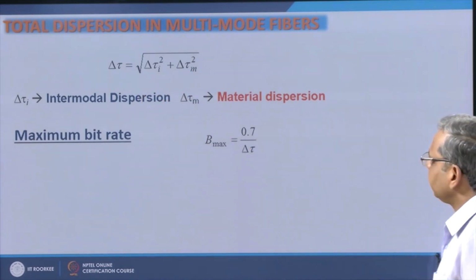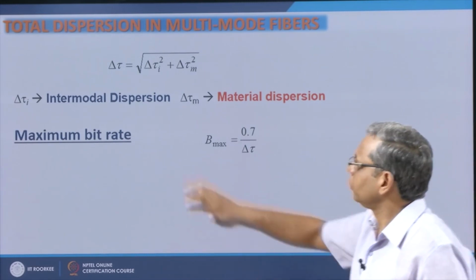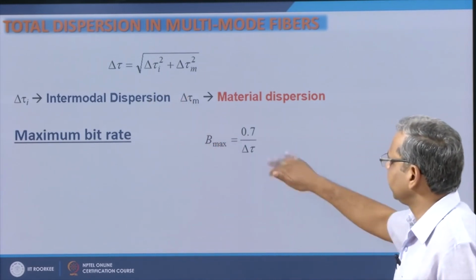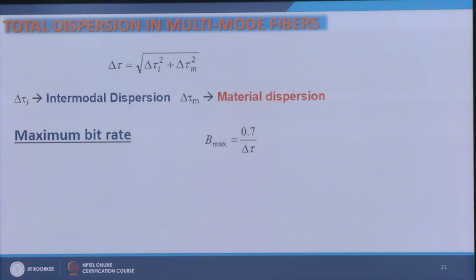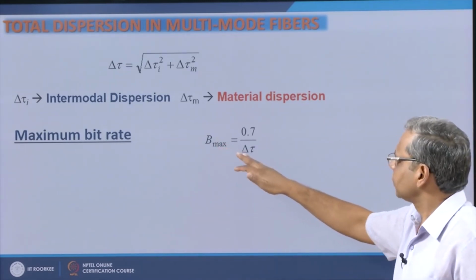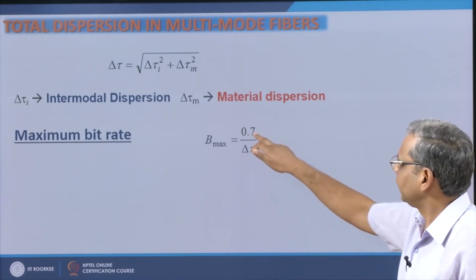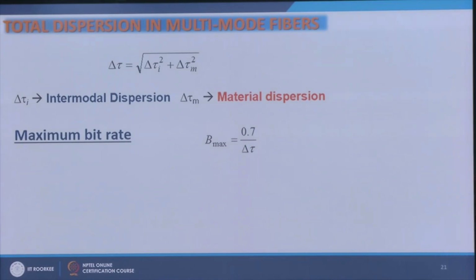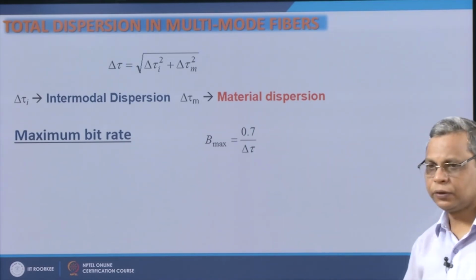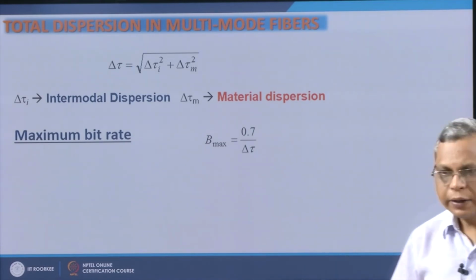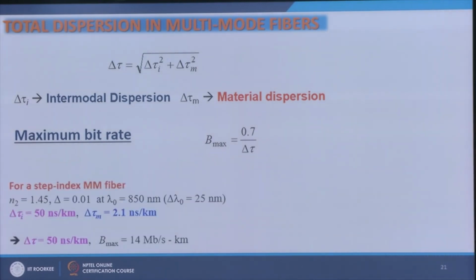Then the maximum bit rate I can find out if I know the total dispersion as 0.7 over delta tau. I know that B_max times delta tau should be less than 1, but I have taken this factor 0.7 here. It corresponds to non return to 0 coding.